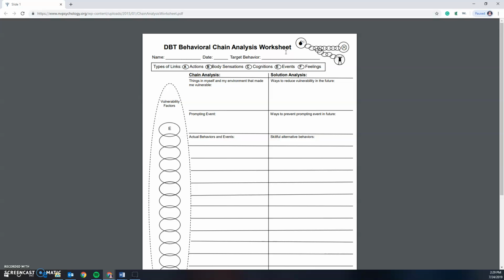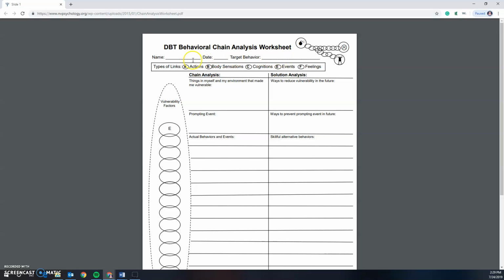Now, with this sort of behavioral chain analysis, you are really going to need to think about this very carefully and all of the little tiny steps that could possibly lead to this problem behavior. Every single step that you identify may not necessarily happen every time, but they need to be things that often happen or can happen that lead to this problem behavior.